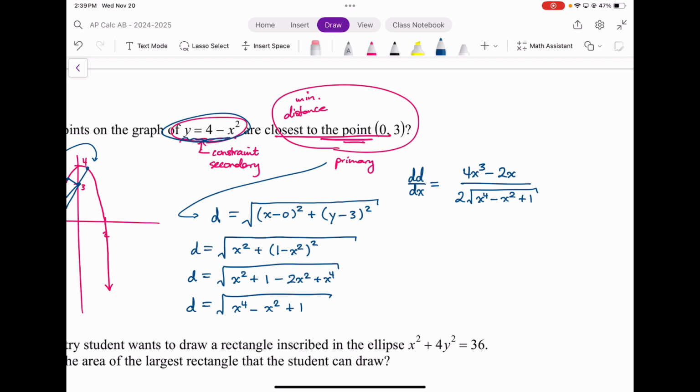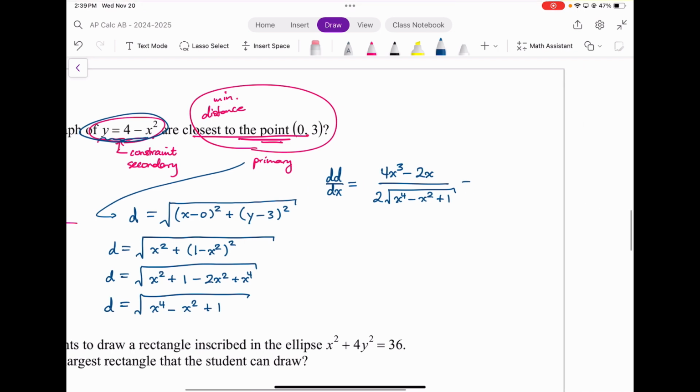And yeah, we can factor the top there. We can pull out a 2x on the top. So we get 2x times 2x squared minus 1 over 2 square root x to the fourth minus x squared plus 1. So that's the derivative of the distance function with respect to x. We want to find when this derivative equals 0.